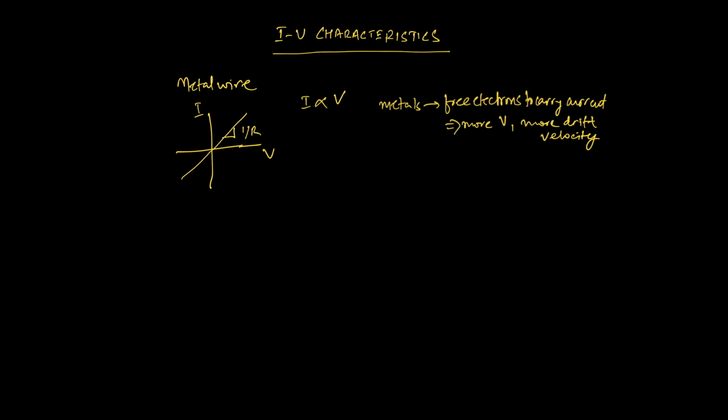Let's look at another example. A filament lamp, let's say a tungsten filament lamp. At low currents, what we'll find is that the current is proportional to the potential difference. But as the current gets higher, the current doesn't increase quite as much for the same voltage increase.